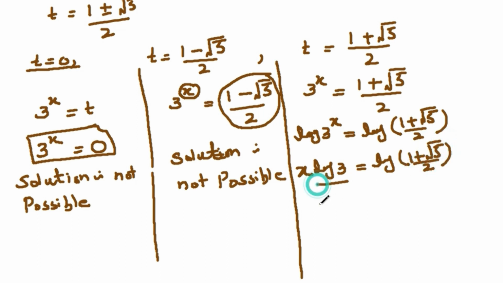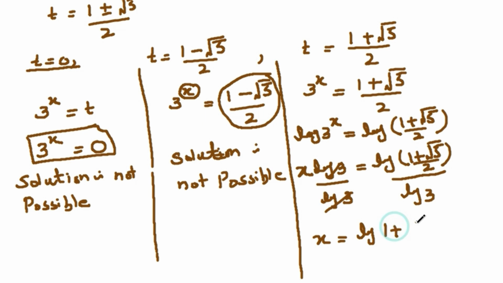Dividing both sides by log of 3, x is equal to log of (1 plus square root of 5) divided by 2, divided by log of 3.